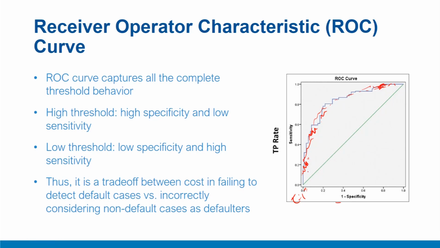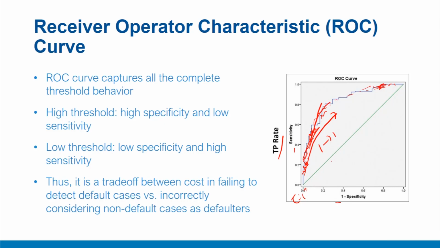For example, if I increase the threshold value in this region, notice how sharply, because the curve is very steep in its slope, my true positive rate or sensitivity of the model increases. That means my ability to classify correctly ones into ones increases very sharply.